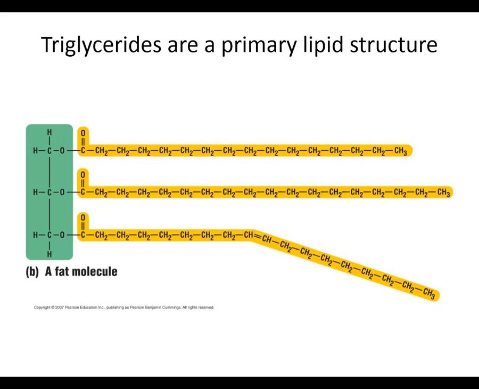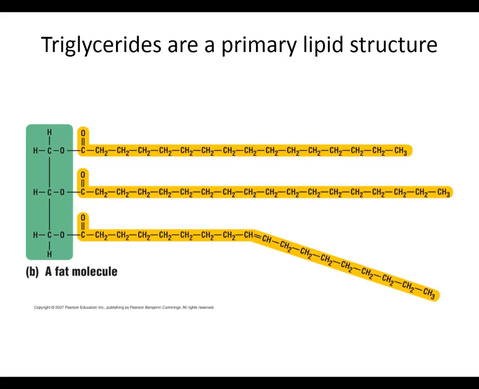So triglycerides, that is regular fat molecules, are a primary lipid structure. This is ripped from another textbook because it shows in pretty good detail the structure of a lipid. We have in yellow here 3 lines. These lines are hydrocarbons, CH2 a bunch of times.